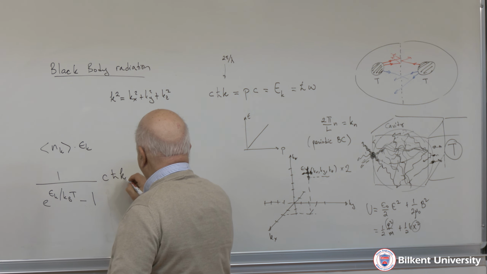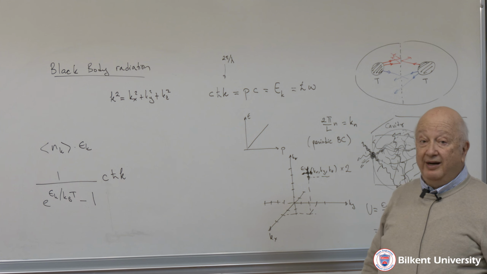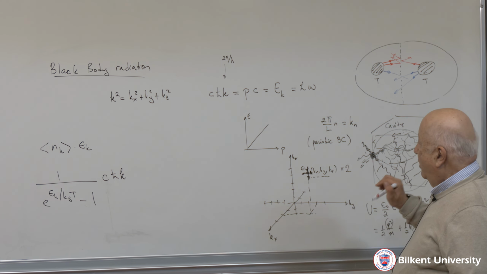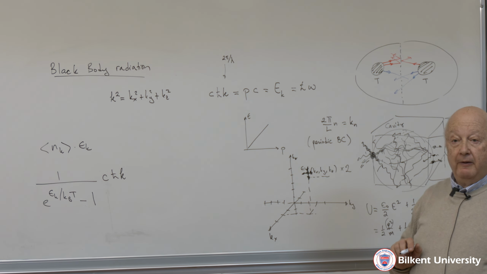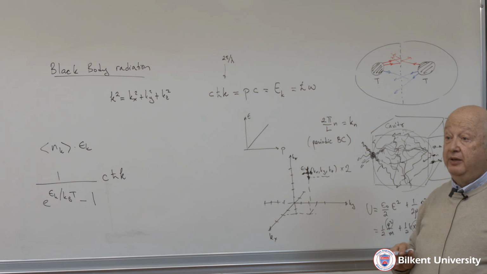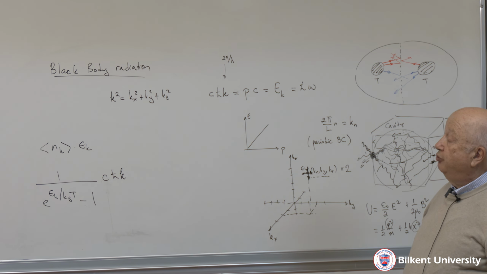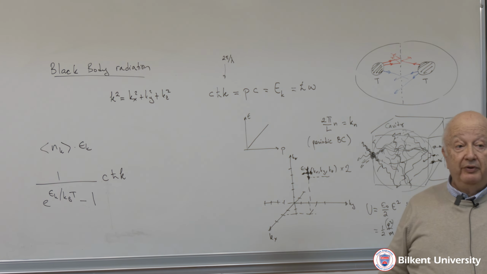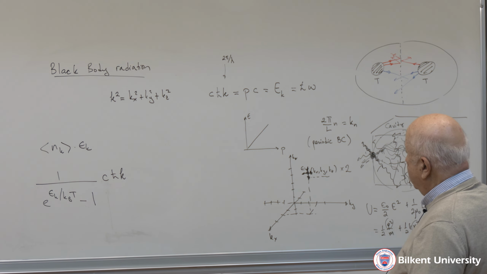times k. So that is the energy corresponding to one of these states with a certain polarization. Now I want to find the energy density corresponding to various wavelengths, various values of k.